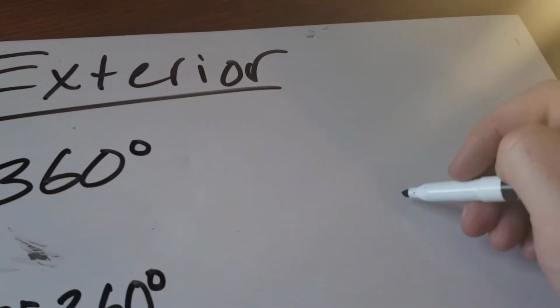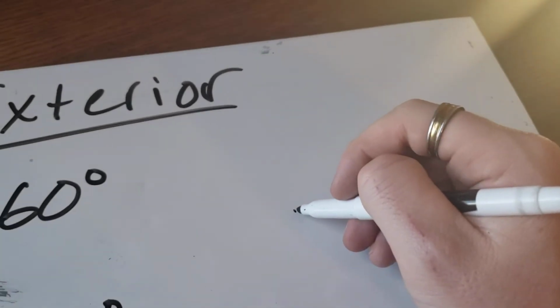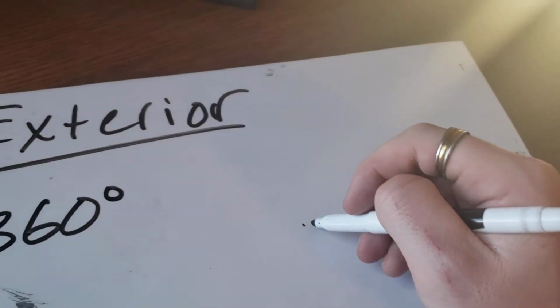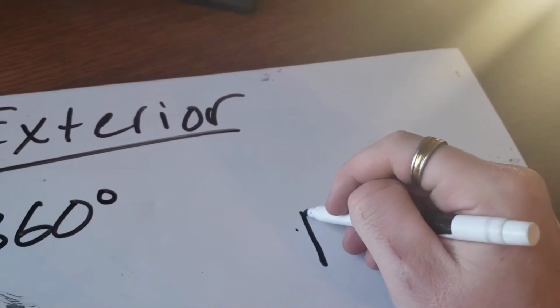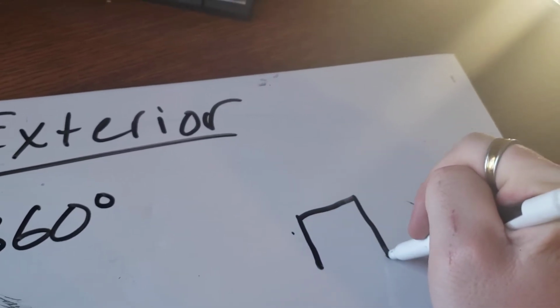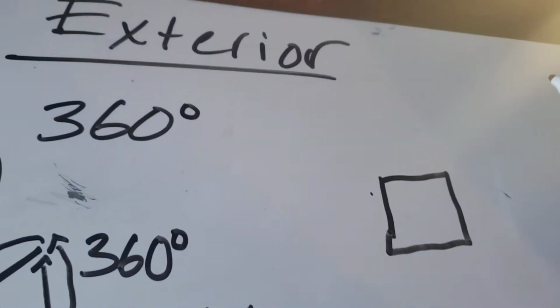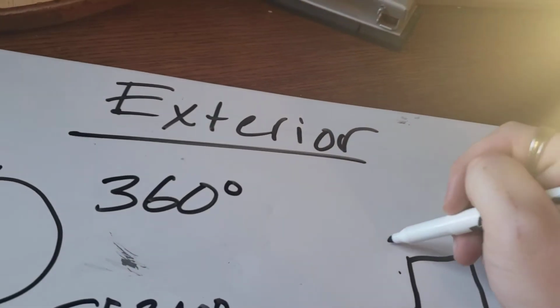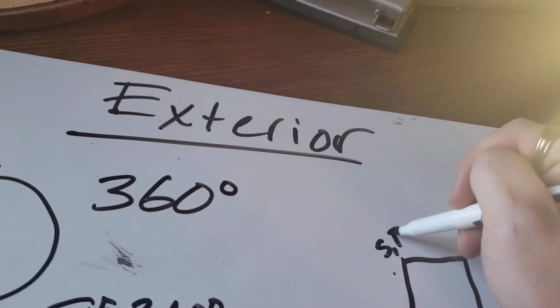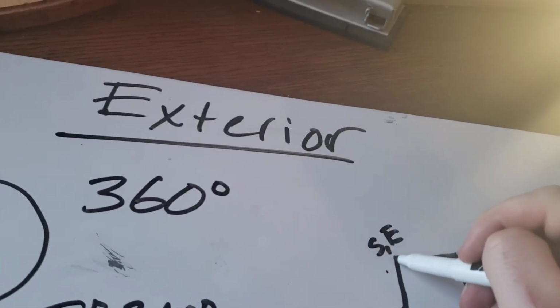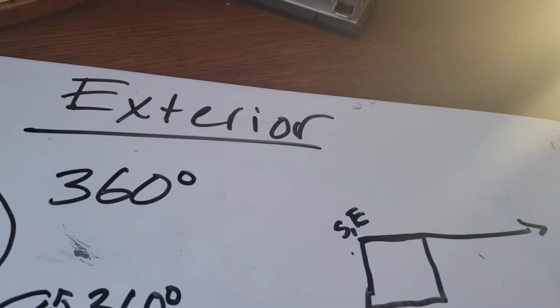So let's revisit that. All right, I have got a perfect square. Pretend that's perfect. All right, here's our starting point, and it's also our ending point. Okay, so we're traveling this direction.